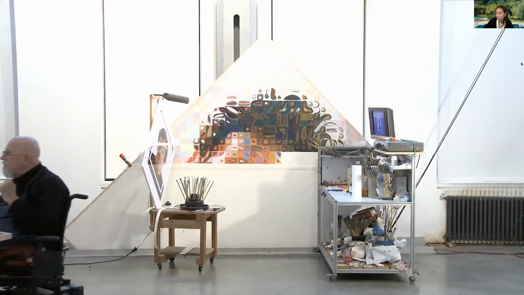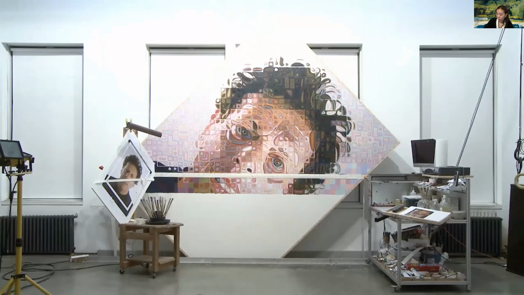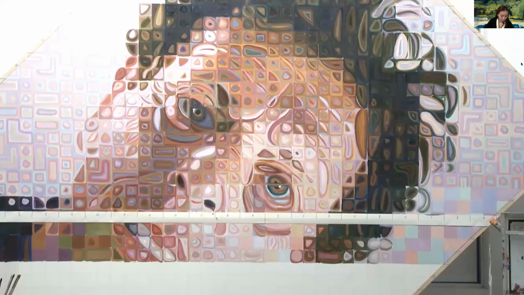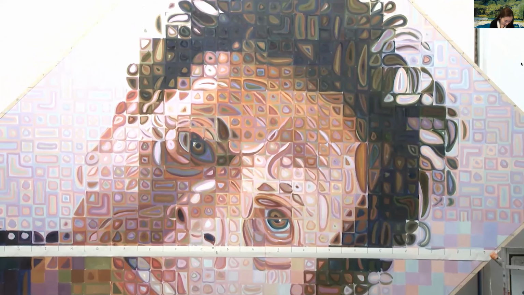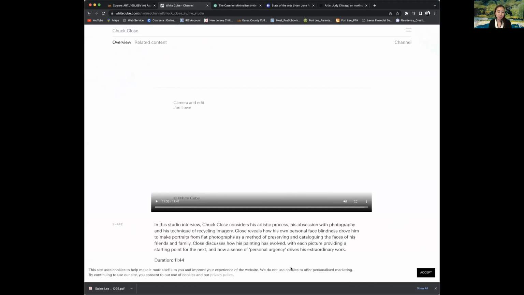It's all bumping into things and finding and feeling it, and it's all the journey. That was Chuck Close.